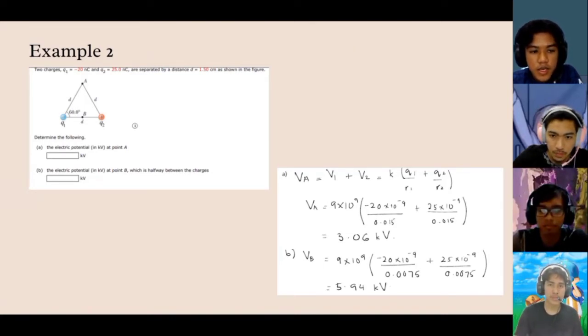Why? Because it is halfway, in the middle. We just divide 0.015 by 2 to get the new distance for point B, and we do the same process, put it into the formula, and calculate.